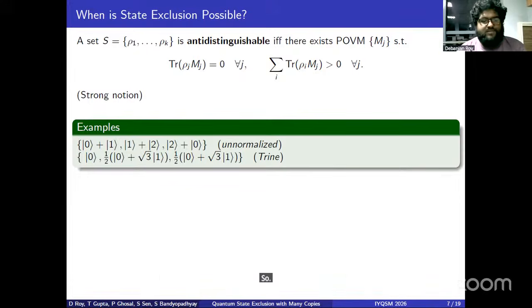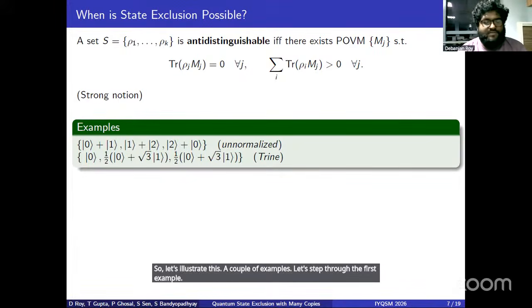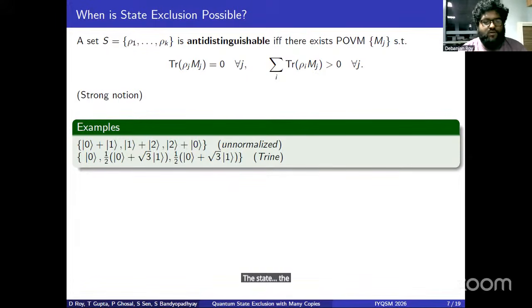So let's illustrate this with a couple of examples. Let's step through the first example. The set of states is |0>+|1>, |1>+|2> and |2>+|0>. If we perform projective measurements in the |0>, |1>, |2> basis, then if we get outcome 0, we can say that the |1>+|2> state is excluded.